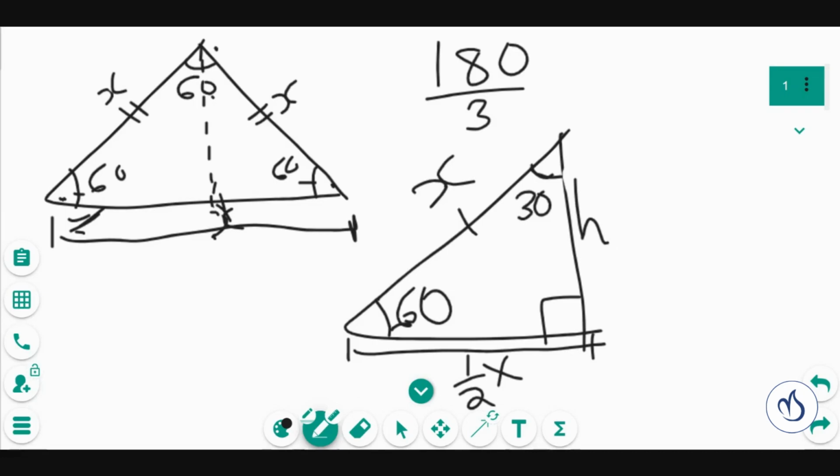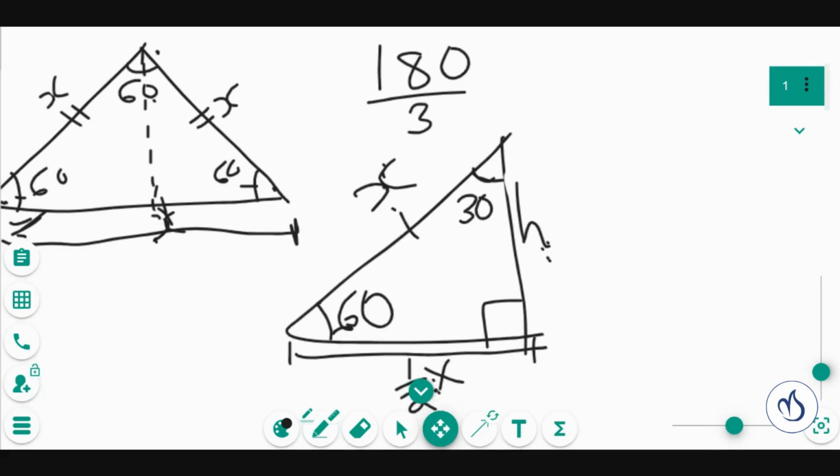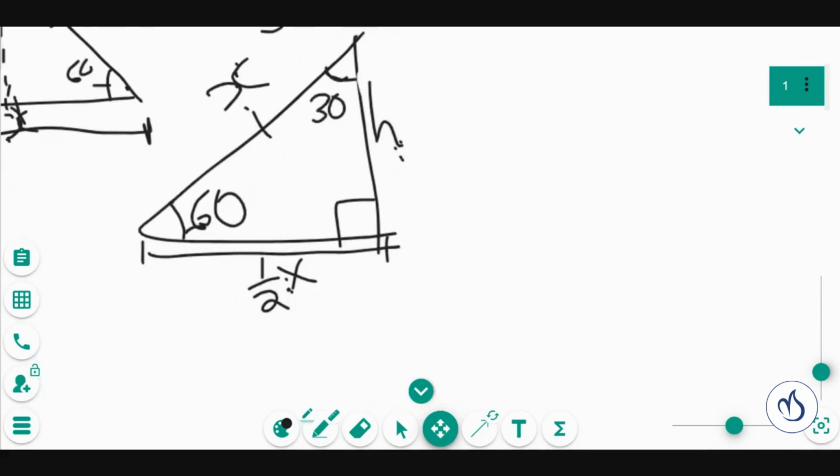Let me just call it h for height. Since I have one unknown, by Pythagoras theory, I can get it. I want to have all the lengths in terms of x. This is in terms of x. This is in terms of x. Only the h is unknown, so I should also get it in terms of x.